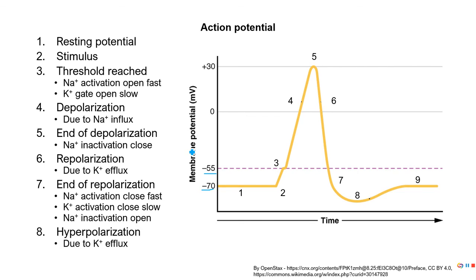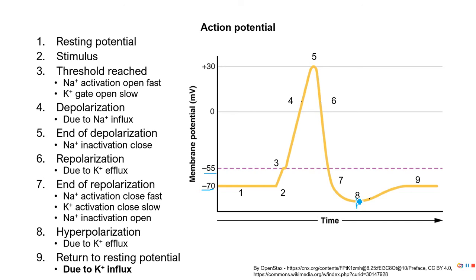Now because that potassium gate closes slowly, we have potassium efflux continue, and so we hyperpolarize or become more negative than normal. Once that gate finally closes, we return to resting potential because potassium is being pulled back in by those negatively charged proteins.